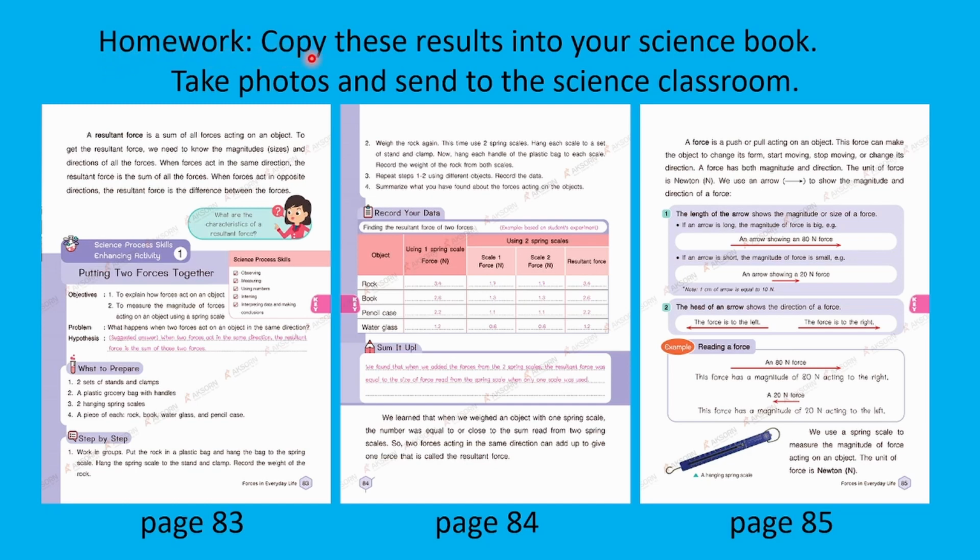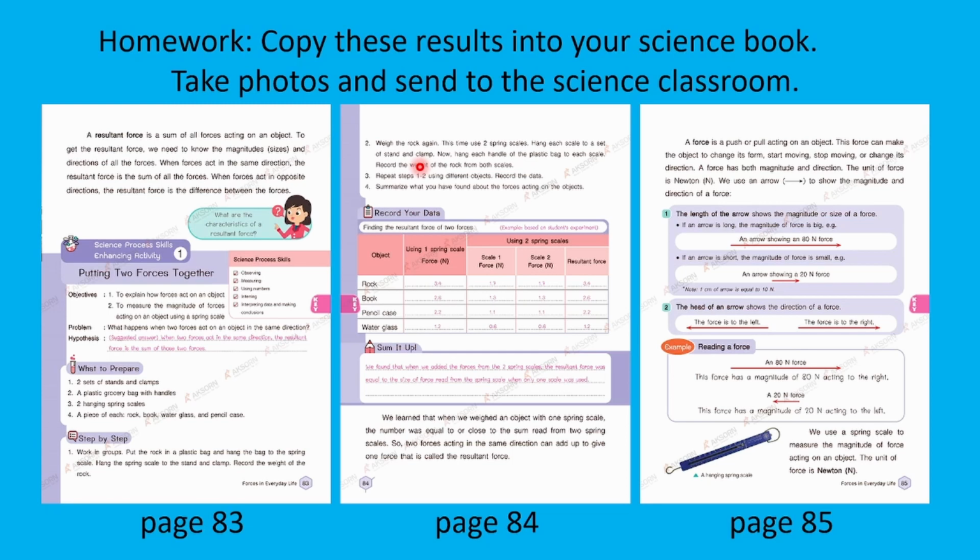Homework. Copy these results into your science book. Take photos and send to the science classroom. So we have an experiment here. But unfortunately, we can't do the experiment because we are on a video lesson.